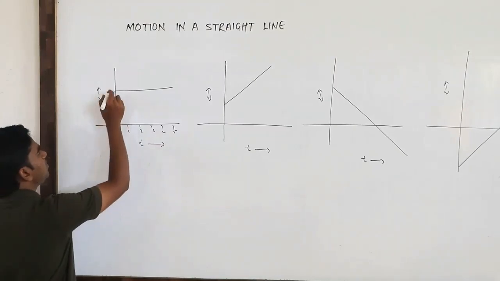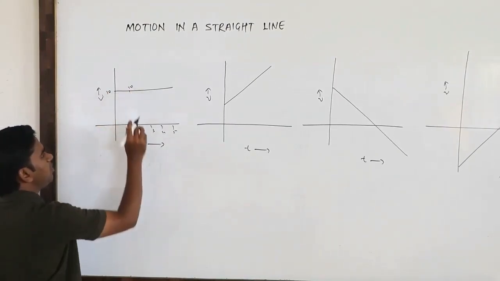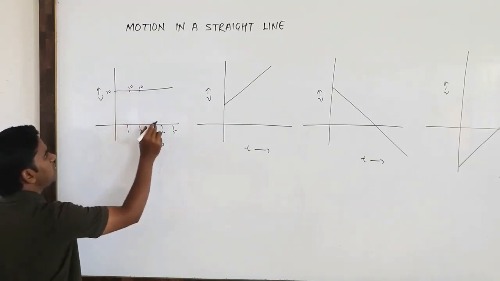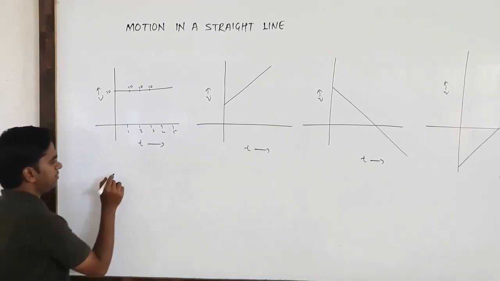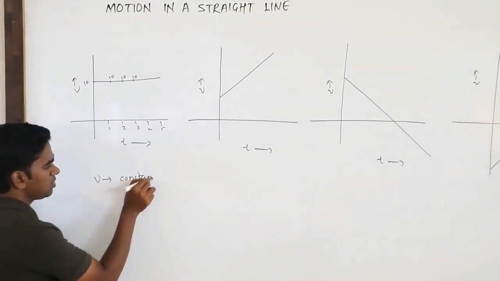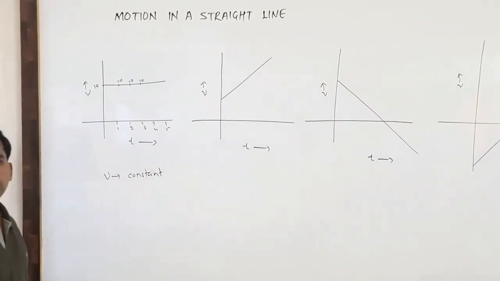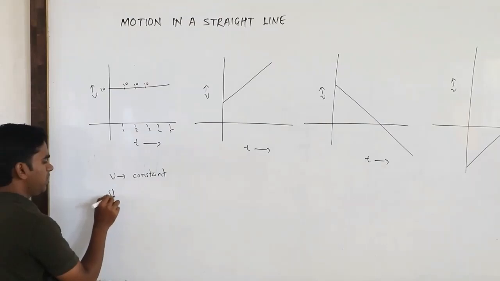But velocity, suppose here it is 10. When it is 1 second, it is 10 only. When it is 2 seconds, it is 10 only. When it is 3 seconds, it is 10 only. That means this graph is suggesting velocity is constant. Velocity is not changing. Can you calculate the slope here?